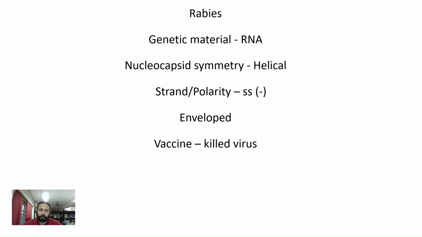Then we have rabies. Its genetic material is RNA, and the strand polarity is negative. Its nucleocapsid symmetry is helical. It also is an enveloped virus, means it will have a layer of host membrane around the capsid, and the vaccine for this is in the form of killed virus.